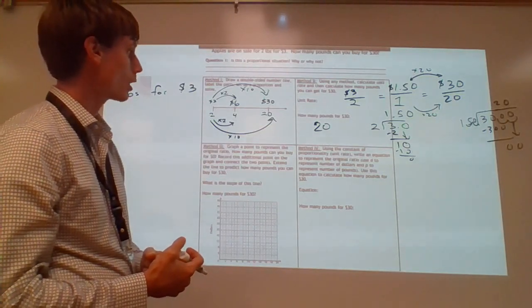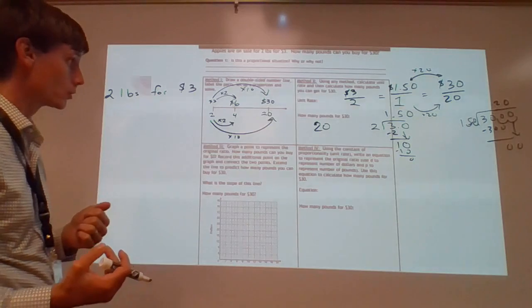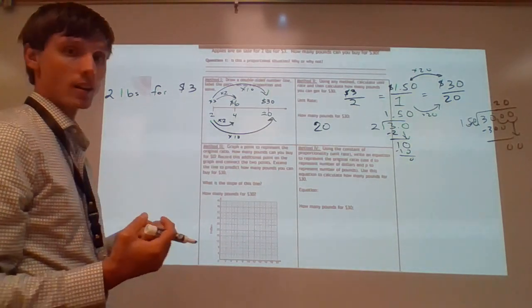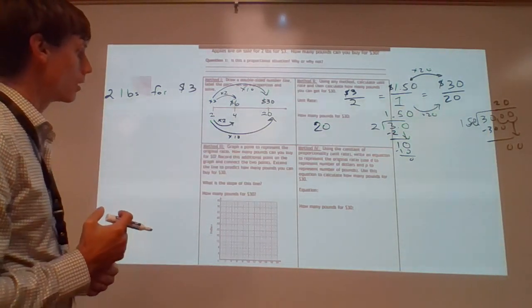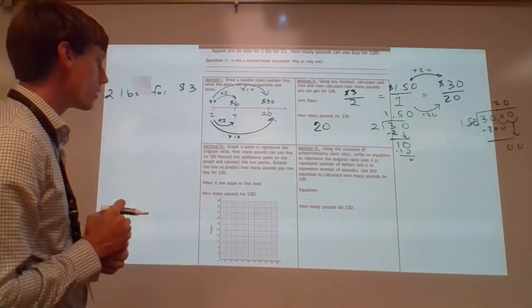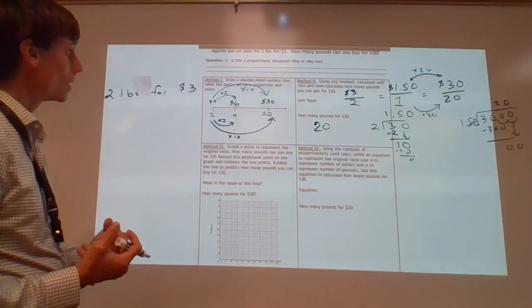An additional method here is using graphing. How we do graphing is we graph a few points on the line, and we can sometimes estimate, sometimes get the exact number of what our ratio might be. They say we should know if it is proportional.